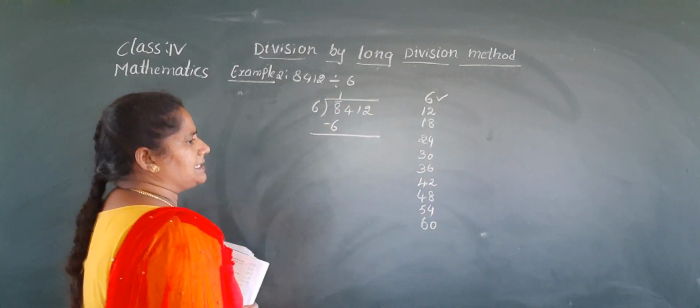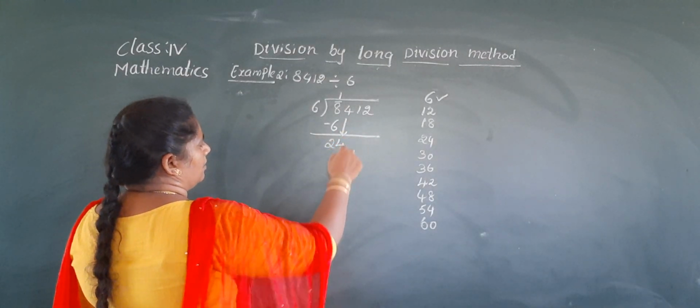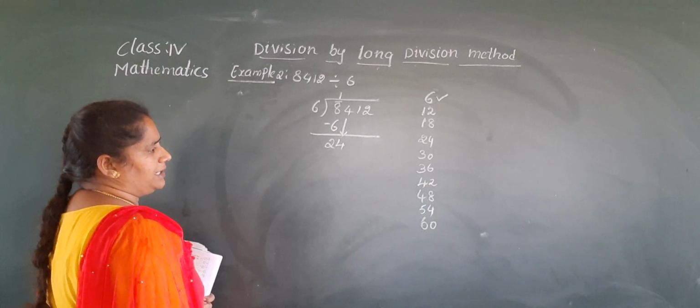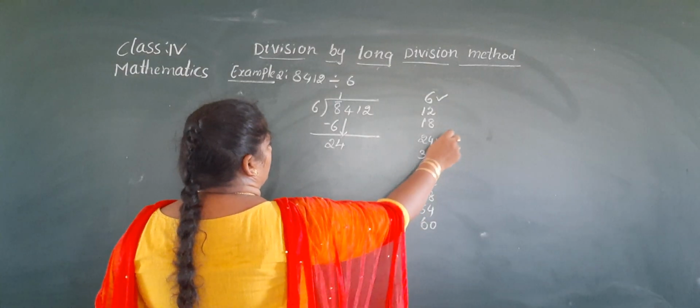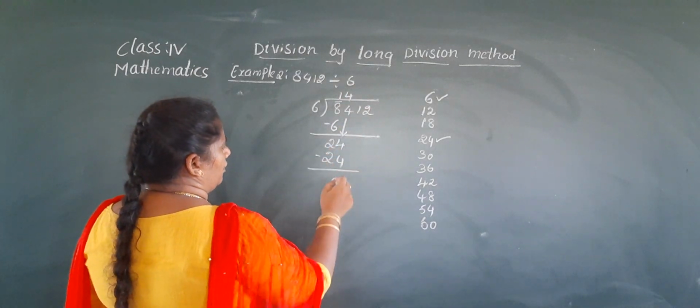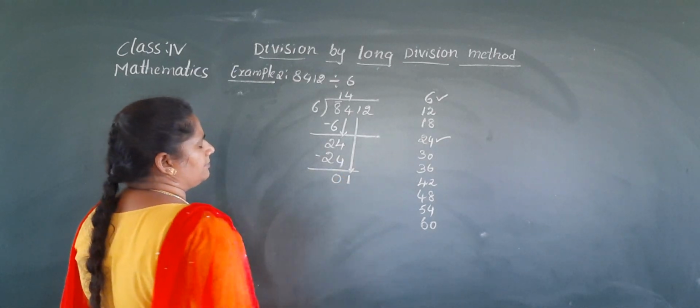8 minus 6, 2. Take down 4. Now the number is 24. How many times do we get 24 in the 6 table? As 6 4s are 24. 24 minus 24 is 0. Now you take down 1.